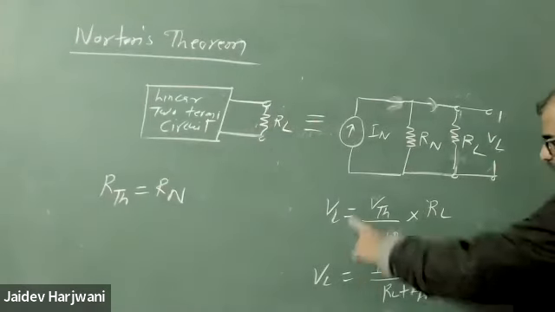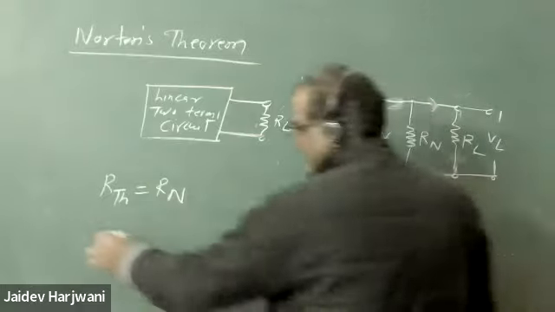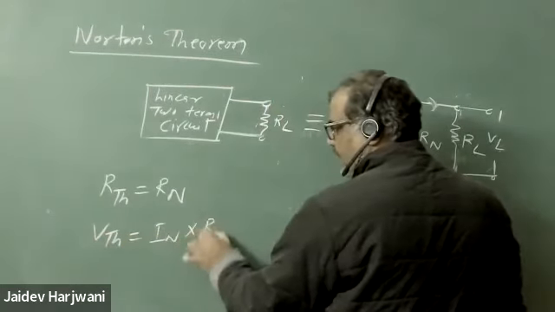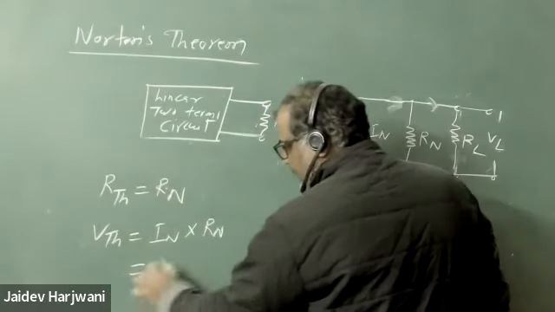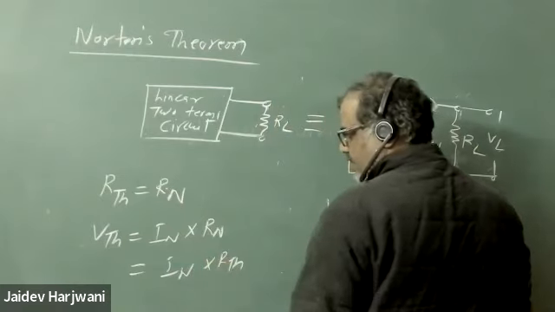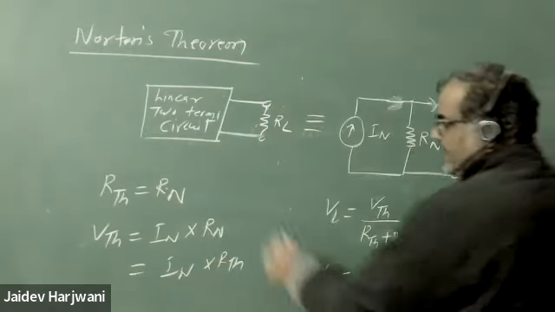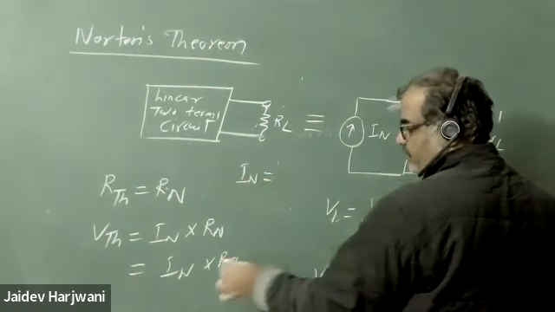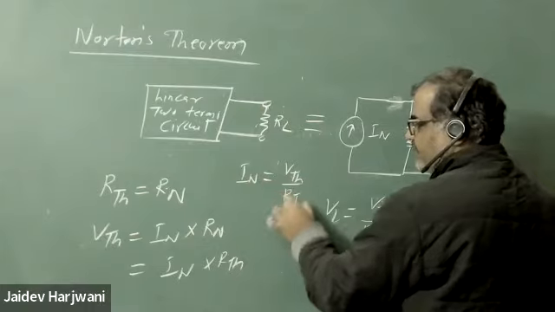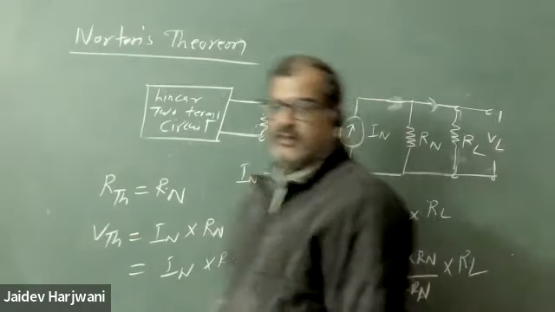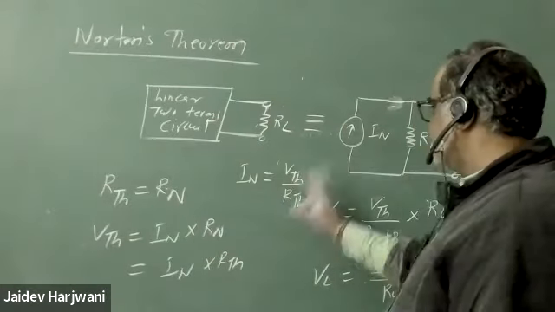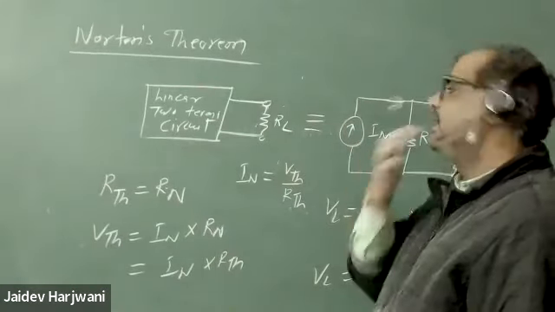Now if these two voltages are the same, then your V Thevenin should be equal to IN into RN, and RN and R Thevenin are the same, so IN into R Thevenin. So if you want to calculate IN, you simply calculate V Thevenin divided by R Thevenin. You will get IN. That means these two circuits are equivalent.